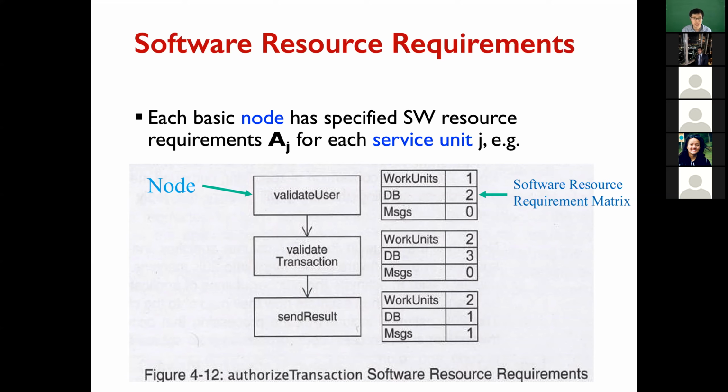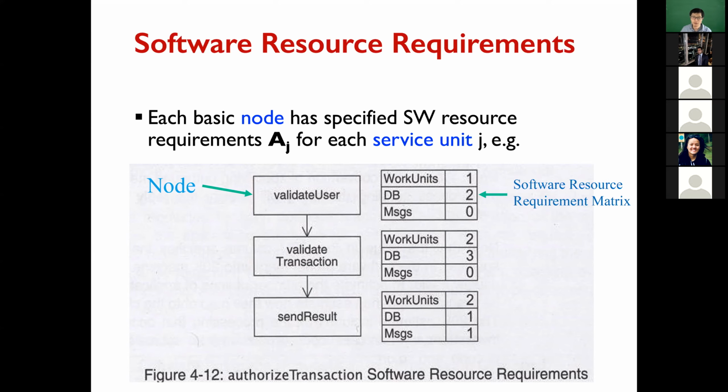So basically, for each basic node, we have to specify the software resource requirements for each service unit. The service unit can be one DB access, one database access, or sending one message on the network, or the CPU processing one work unit, for example, one instruction. So these are the basic service units.